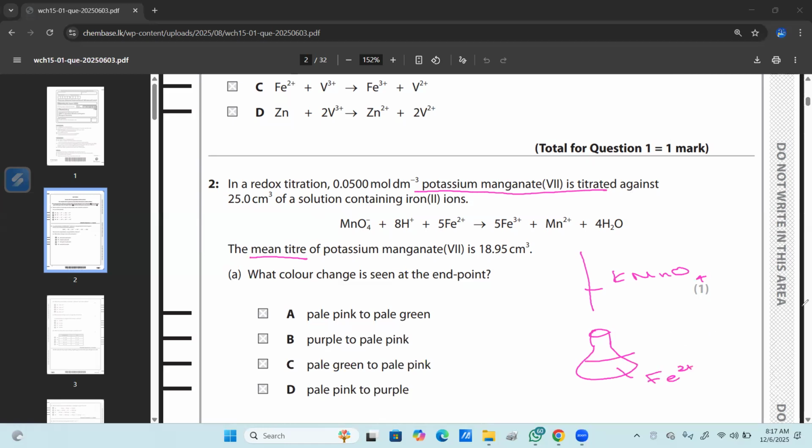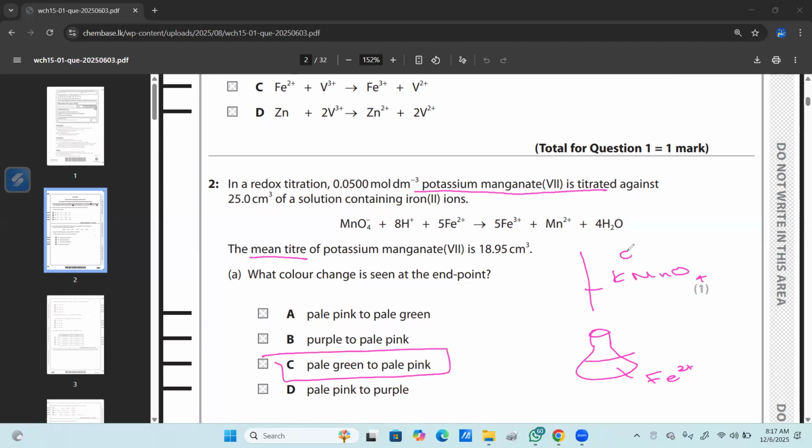So normally Fe2+ is green. In this, it has a very low concentration. So normally when we are doing the practical, because this is one of the 4 practicals in chemistry, we don't see that green solution. We can see it as a very pale green solution. So the correct answer is this.